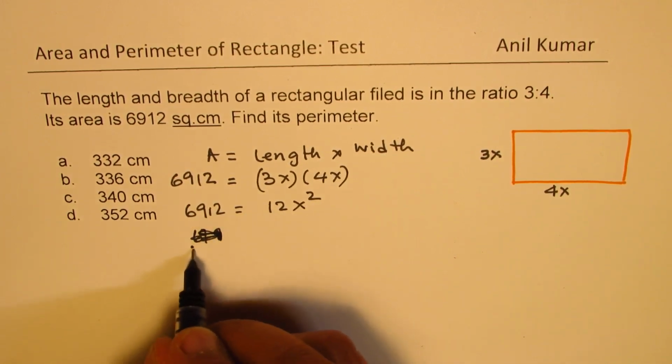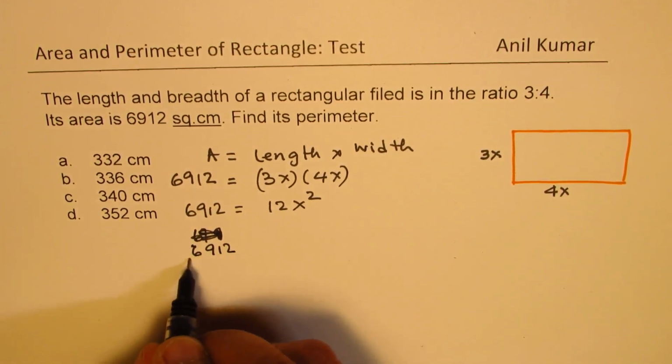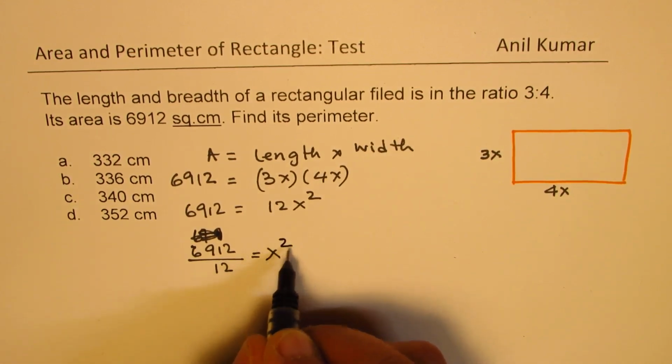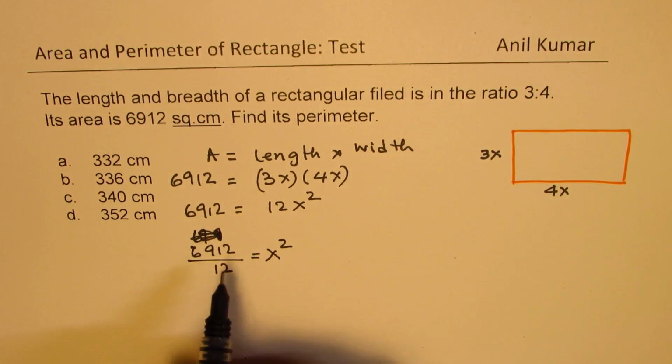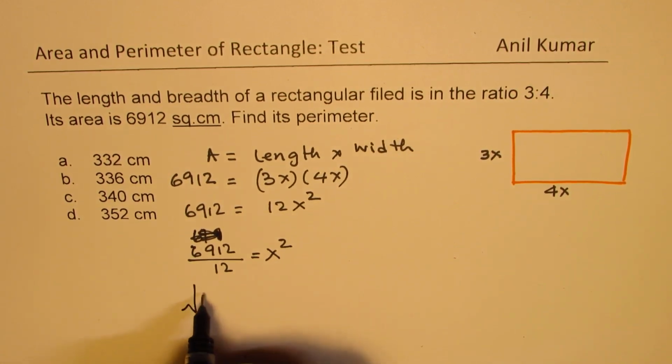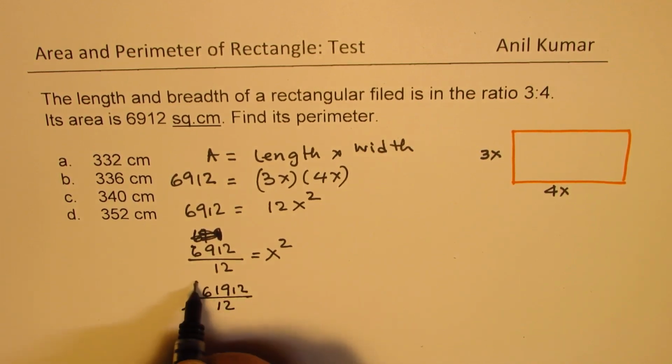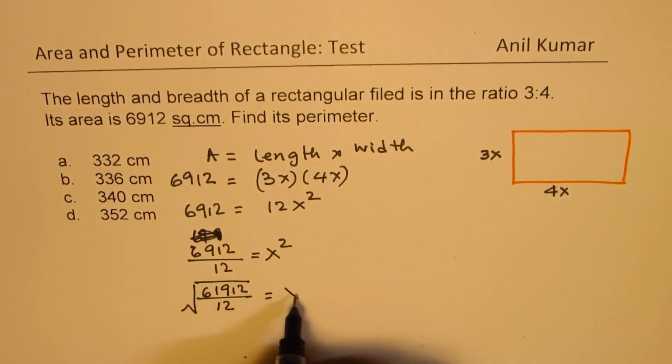So we can write this as 6912 divided by 12 equals x squared, or we'll take the square root of this, which is the square root of 6912 divided by 12. That is x, correct?